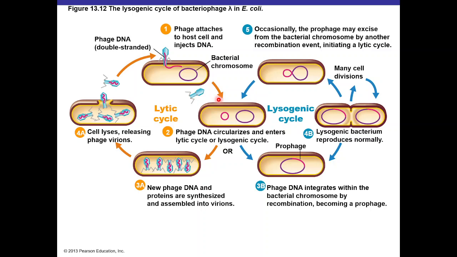So why does the bacteriophage alternate between cycles? Let's say that the viral particle detects that there are low nutrients within this medium that the bacteria is growing in. So in this case, it will undergo the lysogenic cycle.